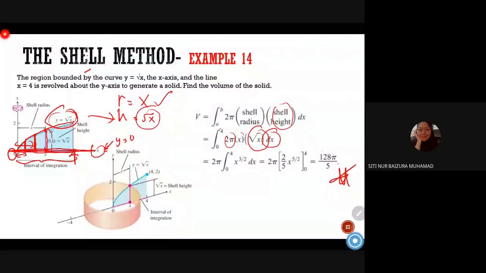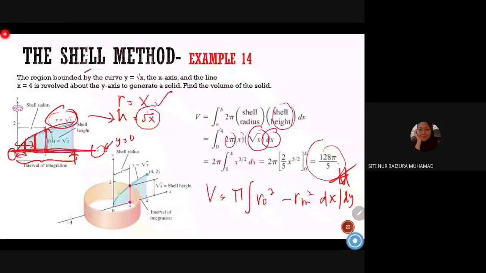You may verify that if you use the formula pi R out square minus R in square, dx or dy, you should get also the same answer, which is 128 pi over 5.